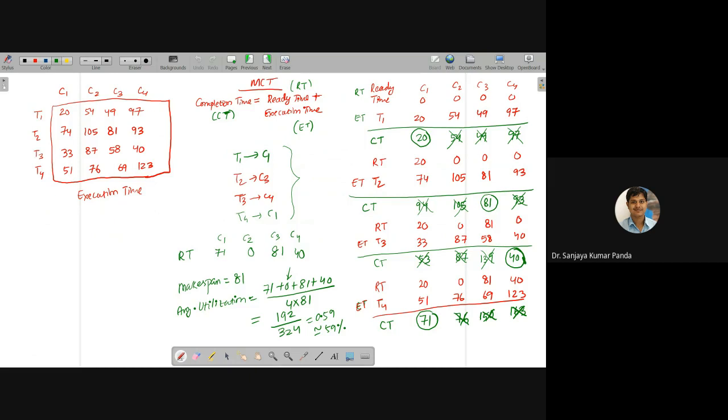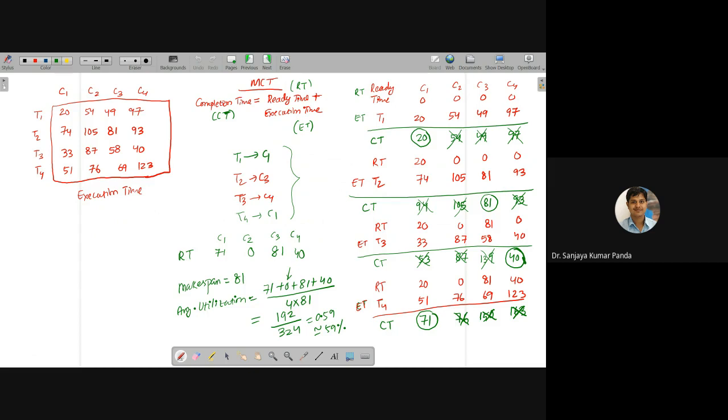So obviously the makespan of MCT is better in comparison to the makespan of MET, because it is providing the least makespan value.